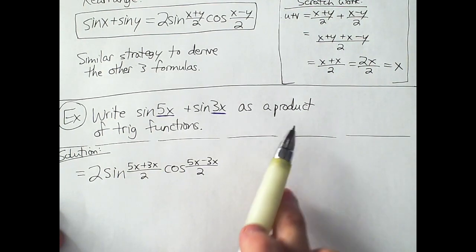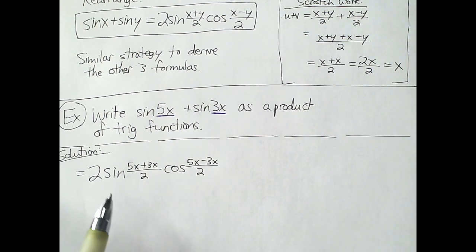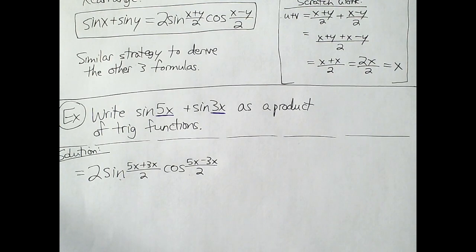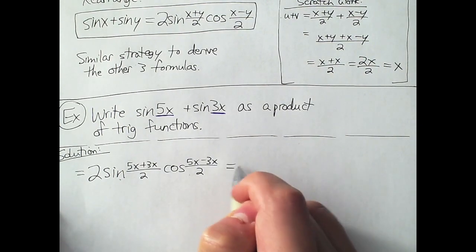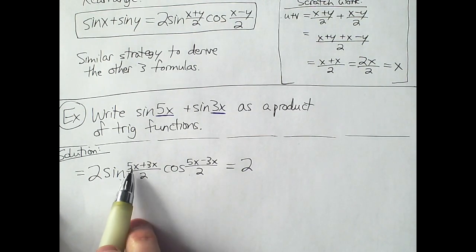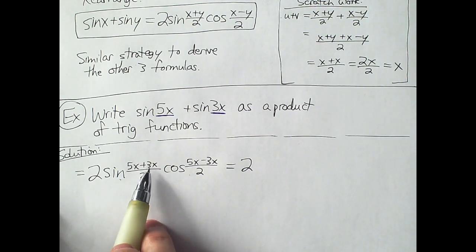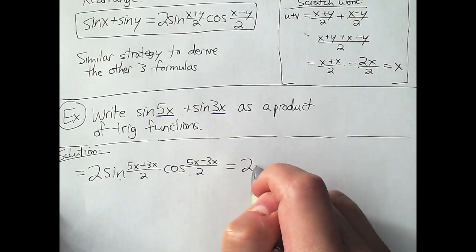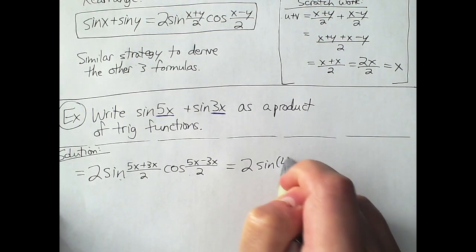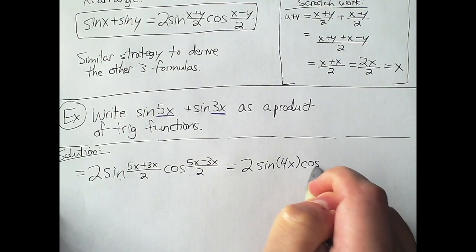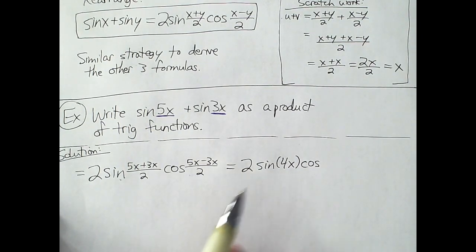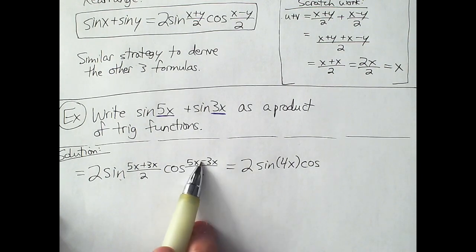Technically, we did answer the question. We rewrote this as a product of 2 trig functions, but we should try to simplify, of course. What's 5x plus 3x? That's 8x. 8x divided by 2 is 4x. See, that's a lot simpler. What do we have here? 5x minus 3x.